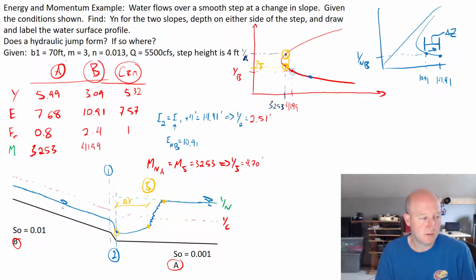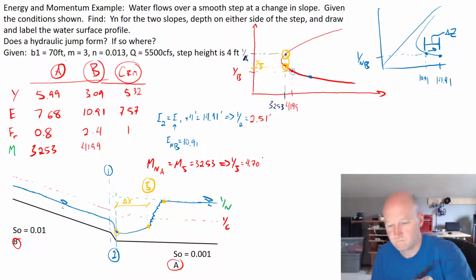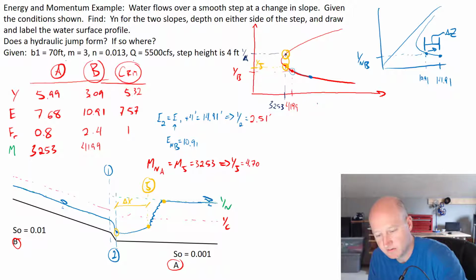So we need to know for the hydraulic radius at section 2, at section J, and then the average, and the velocity.